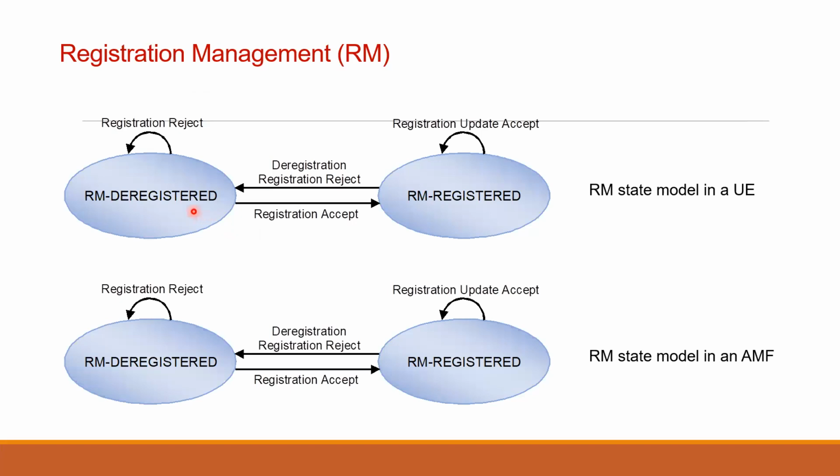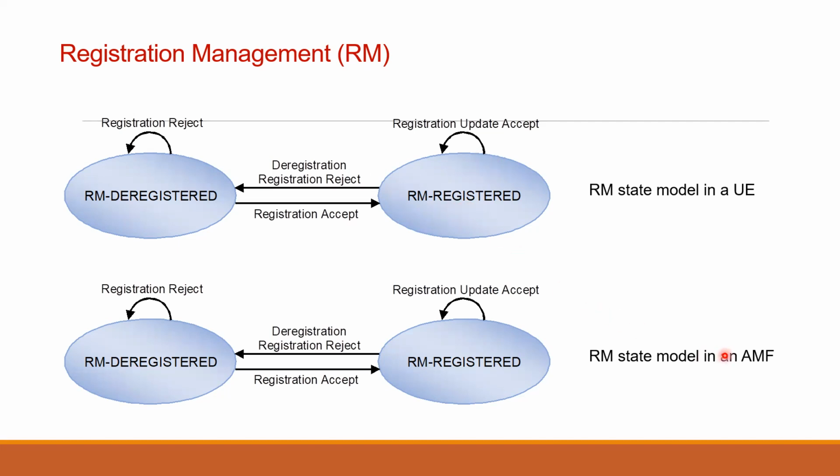If a user performs a registration request and it is accepted, the user moves from deregistered state to registered state. And if deregistration is done or your registration is rejected, the user moves from registered to deregistered state. Similarly, if you perform a registration update accept, the user remains in RM registered state.